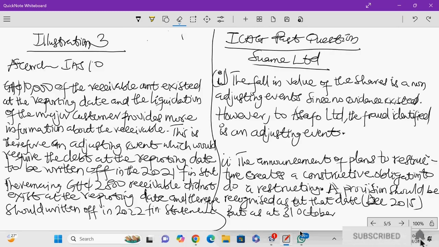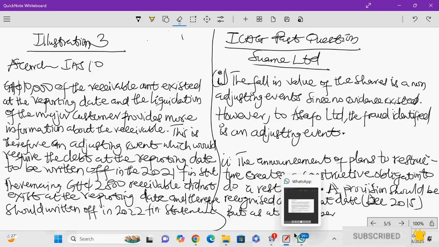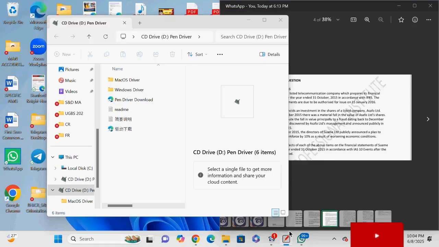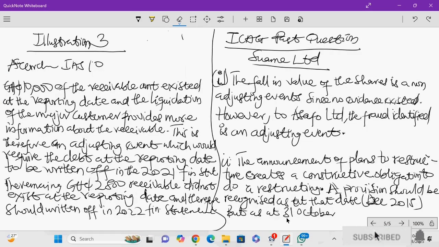So it makes sense, right? A provision should be made as at that date.